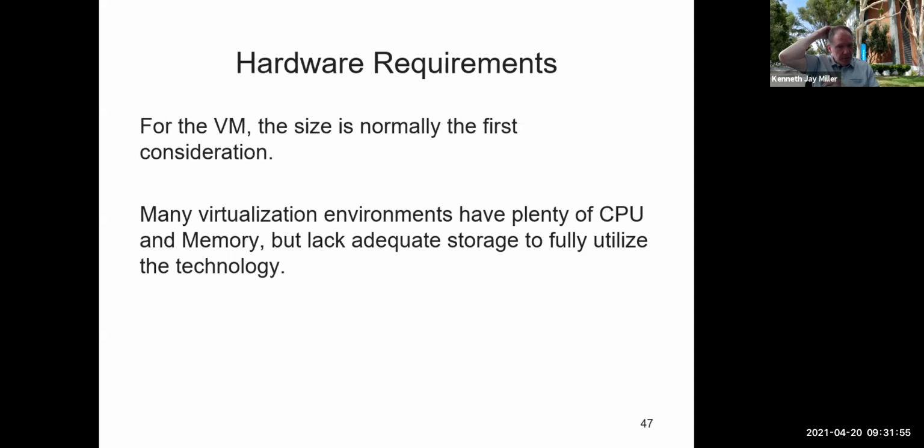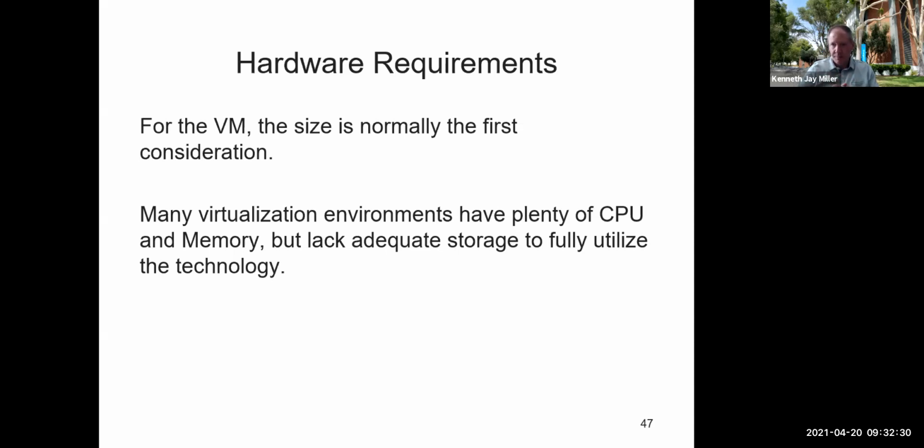Now, many virtual environments have more than enough processing and memory, but the storage may be a problem, right? If we take our servers, 32 gigs of RAM, the Xeon processor that's in there, the E6 processor is very powerful. We're probably not going to run out of horsepower, but we may run out of hard drive space, having less than 2 terabytes.